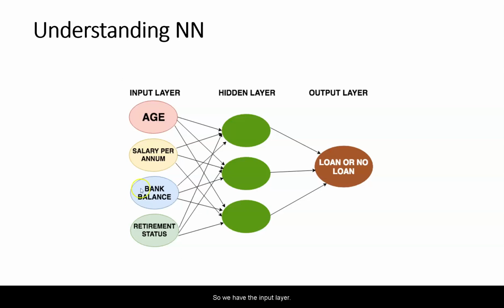So we have the input layer, the output layer, and any layers apart from the input and output layer are called hidden layers. In this example, we have one hidden layer which has 3 neurons.